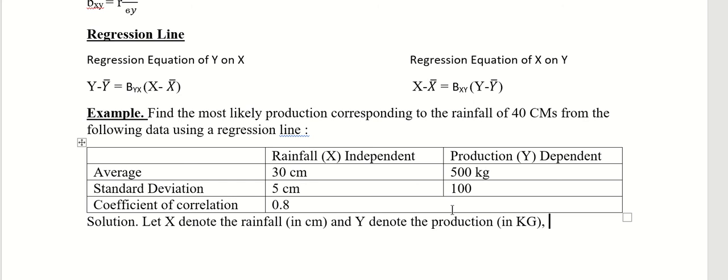So what are we given? First, we are given the mean value of x and y. So mean x is 30, and then we are given mean y, so production's average is given, 500.